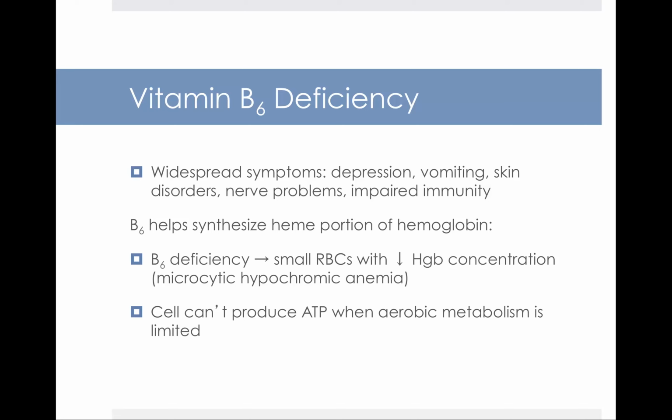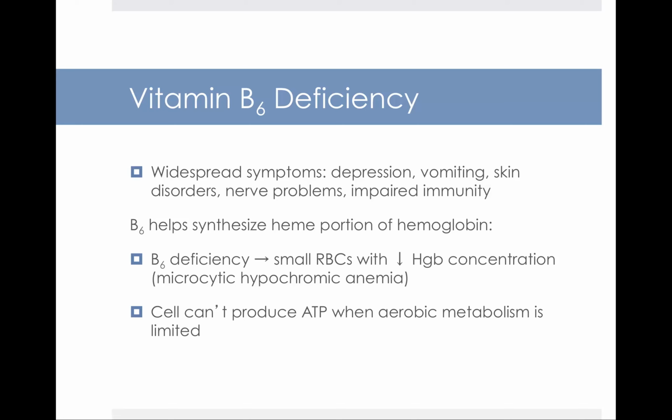B6 deficiency doesn't really have a name. Just say it has widespread symptoms, things like depression, vomiting, skin disorders, nerve problems, impaired immunity. Okay, that's one of the types of the deficiency. There's another type called hypochromic anemia. If B6 deficiency leads to small red blood cells that have low hemoglobin concentration, they make really light-colored small cells.